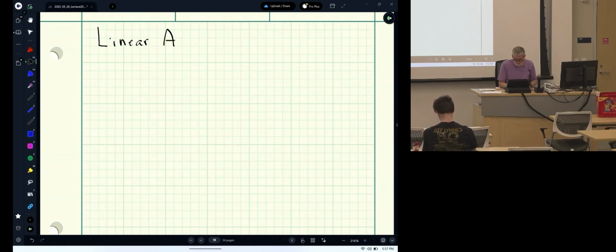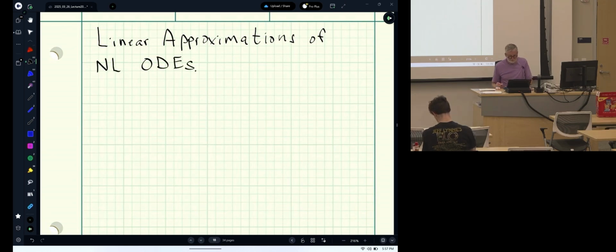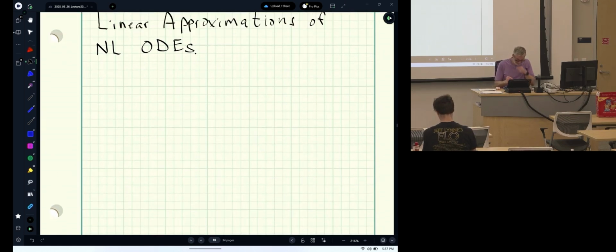Linear approximations of nonlinear systems. x dot equals f of x, x(0) equals x0.